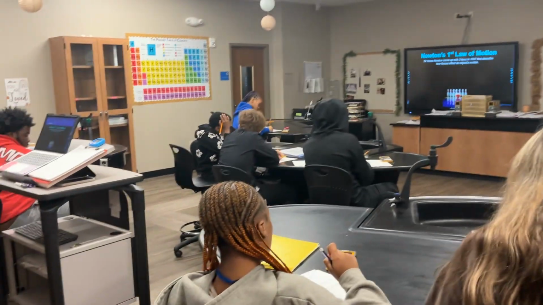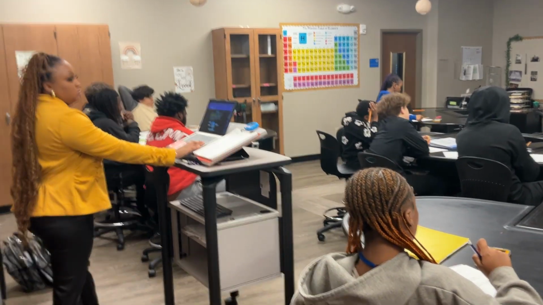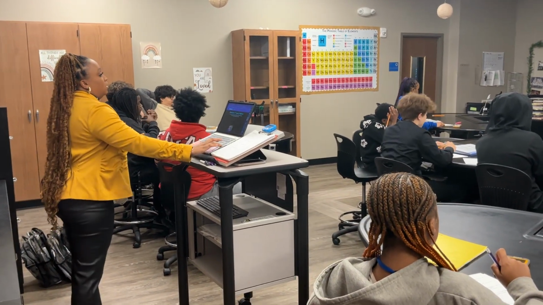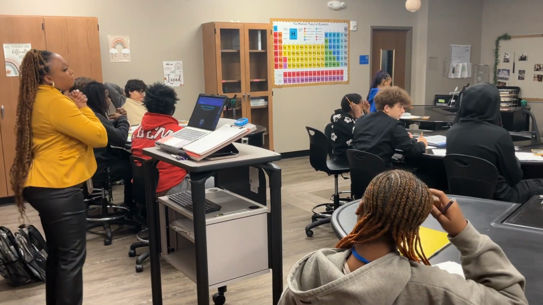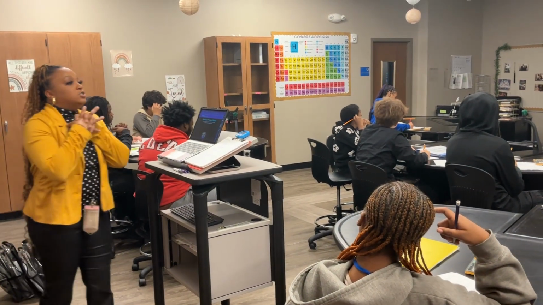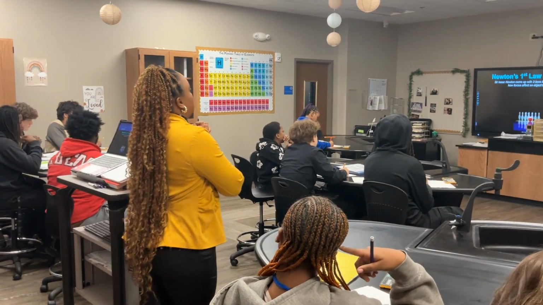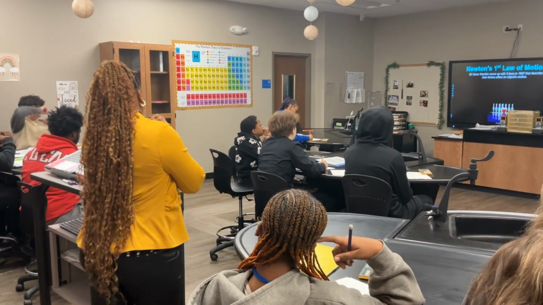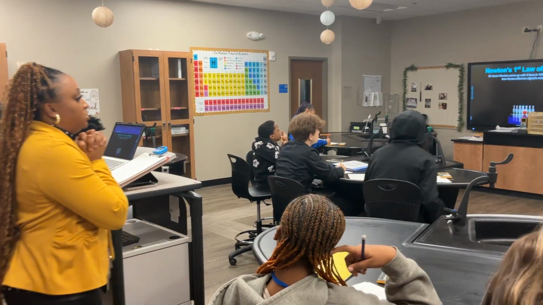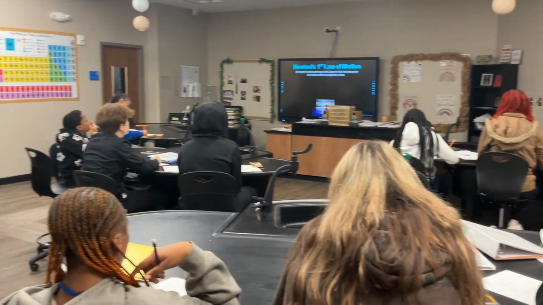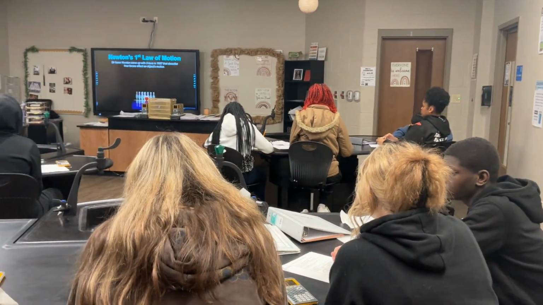Alright. Y'all ready to go to the next one? Alright, so Newton's first law of motion. Sir Isaac Newton came up with 3 laws in the year 1687 that describe how forces affect an object's motion. Newton's first law.